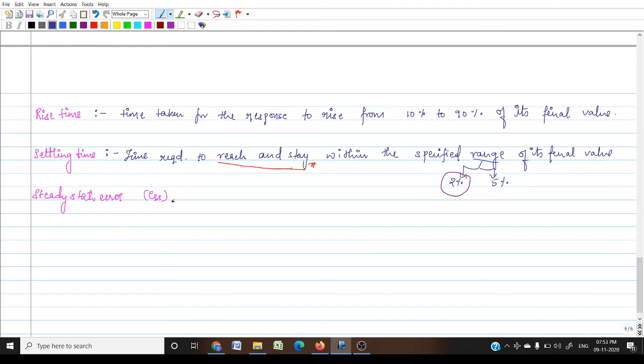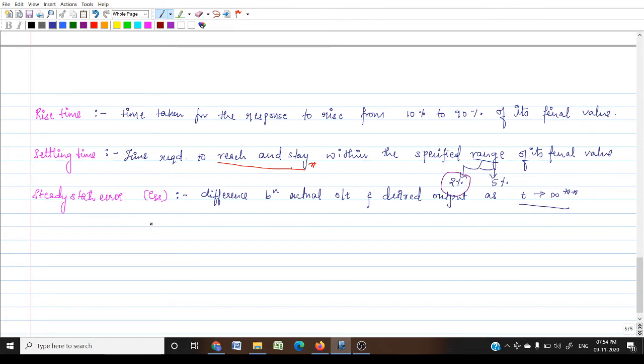It is the difference between actual output and the desired output as time tends to infinity. So this is important. It is the difference between actual output and the desired output at time t tends to infinity.